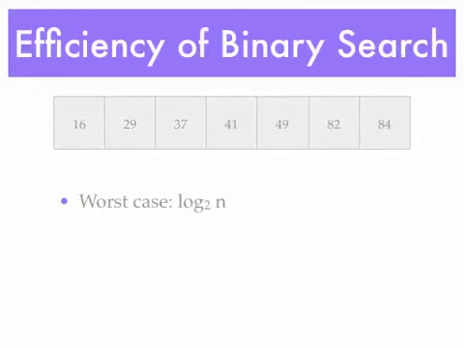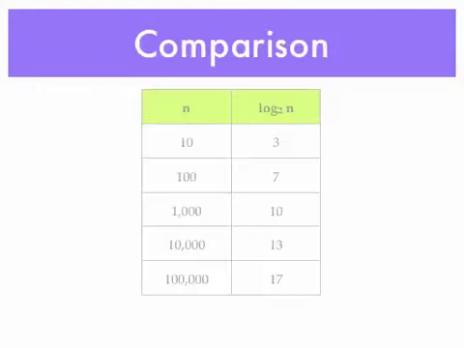The worst possible case for binary search is determined by calculating how many times the data can be cut in 2. If you've ever studied logarithms in math, the formula is log base 2 of n, again where n is the number of elements. Notice how slowly log base 2 of n grows compared to n.